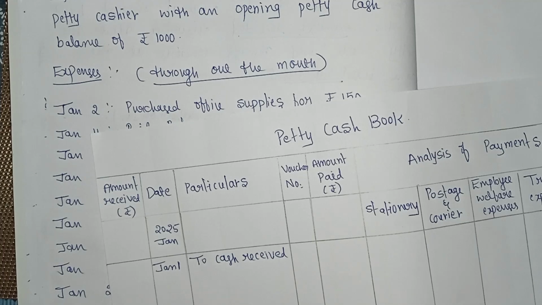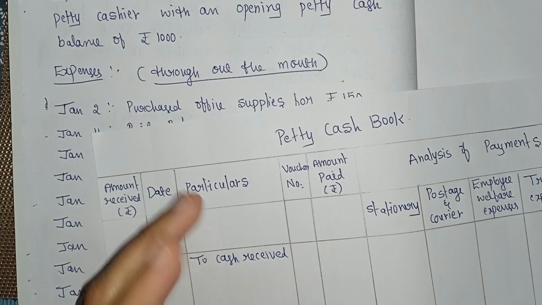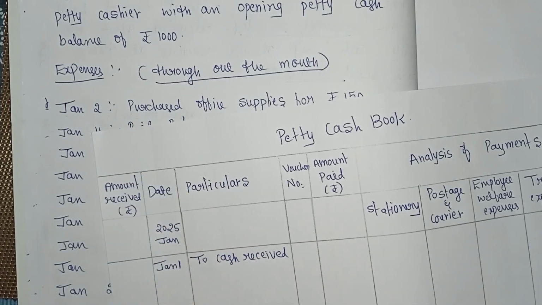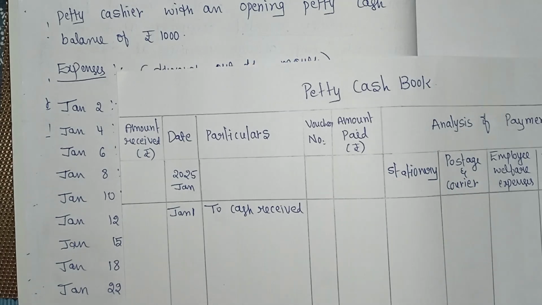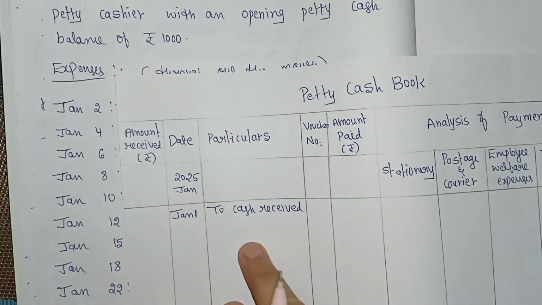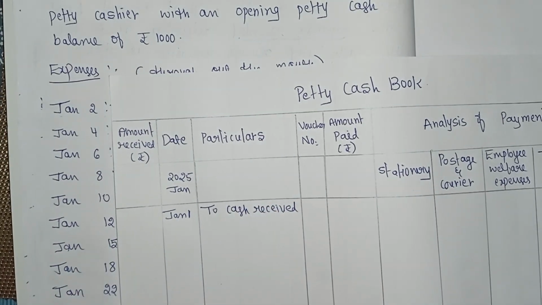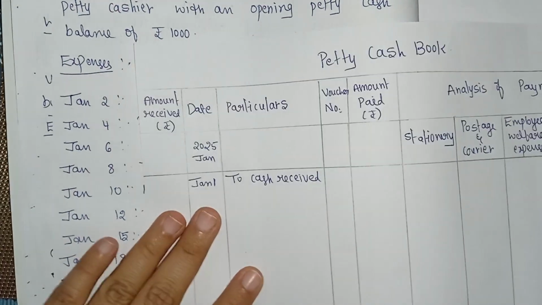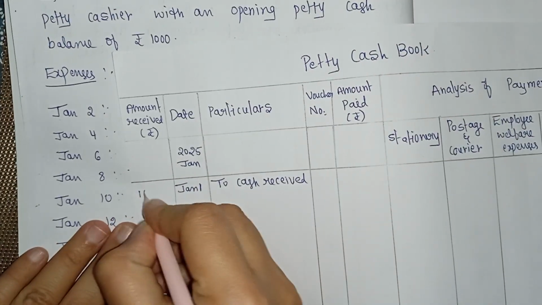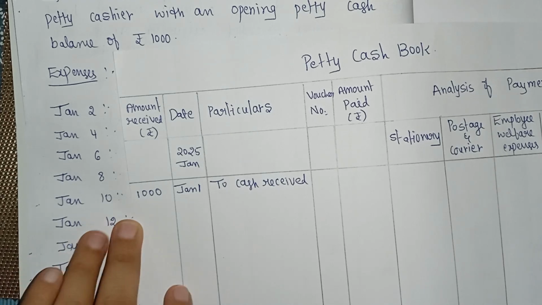Petty cashier is receiving the cash, means debit side under receipts, and credit side means we have to write 'By', because we are paying the cash. Under payment side we have to write 'By', but in the only one column we have to write 'To' and 'By', because in the petty cash book there is only one column. So to cash received, here we have to write down the amount, that is rupees 1000.